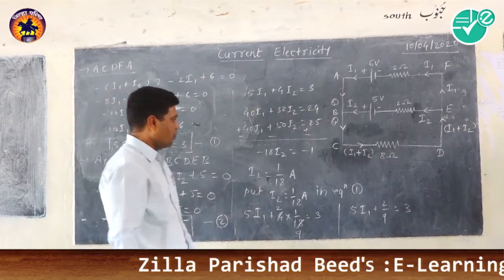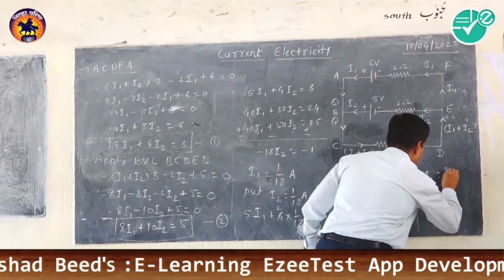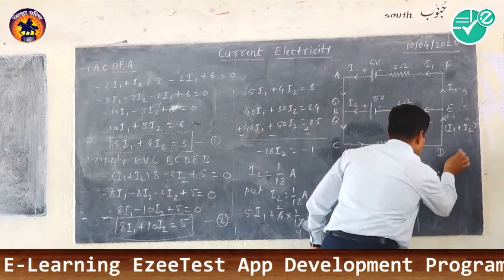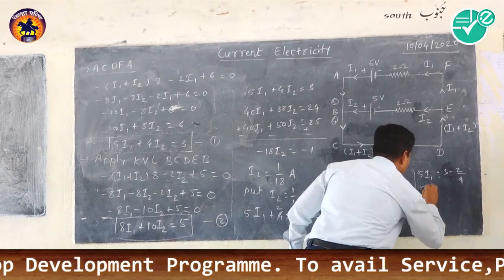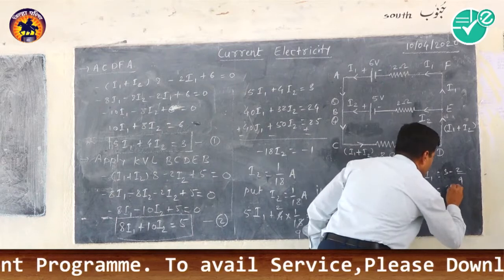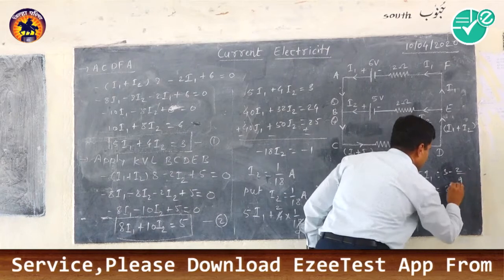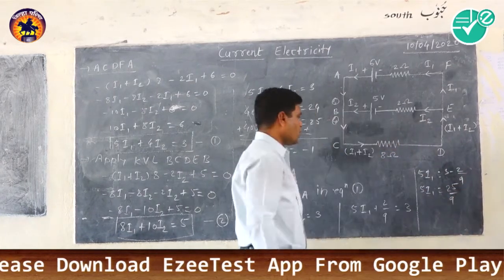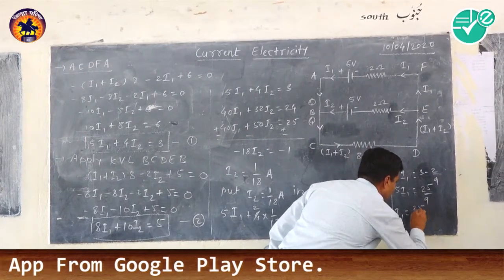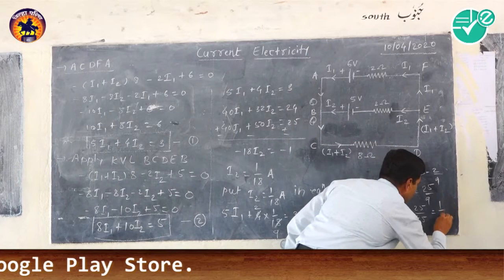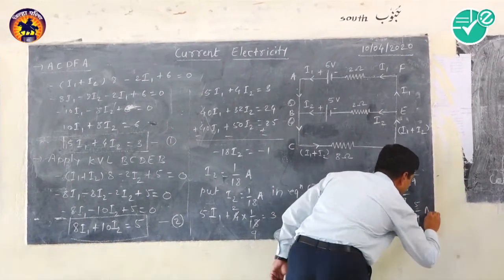So 5I1 is equal to 3 minus 2 by 9, that is 25 by 9 after calculation, and I1 is equal to 25 by 45, which means 5 by 9 ampere.